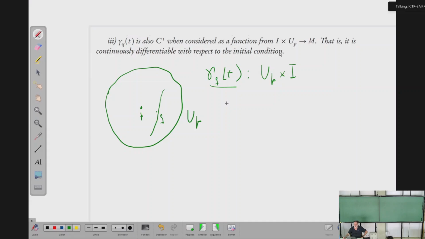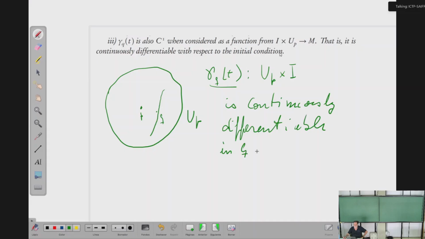And the theorem says that this function is continuously differentiable in Q and T. What does it say?